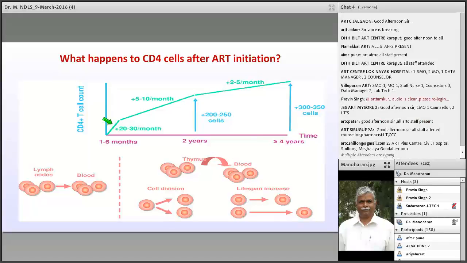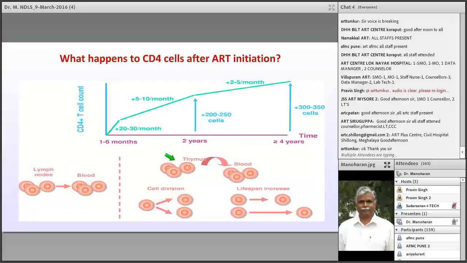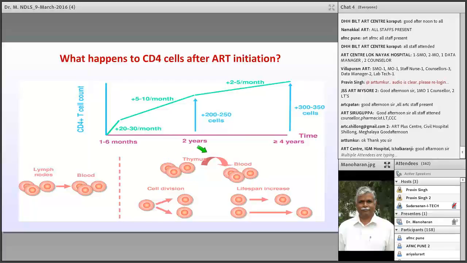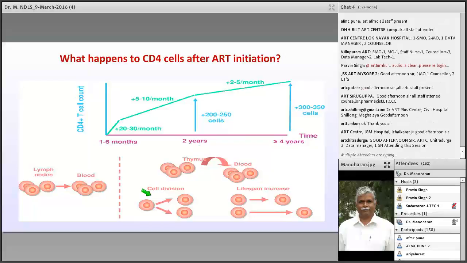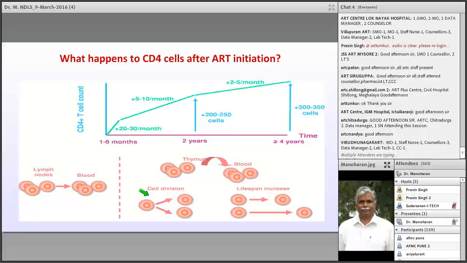During the second and third phases, the majority of the CD4 cells are produced from the thymus gland. So this is one mechanism by which the CD4 count increases. The second mechanism is the homeostatic proliferation of the residual CD4 T cells, which are responsible for the increase in the CD4 count.